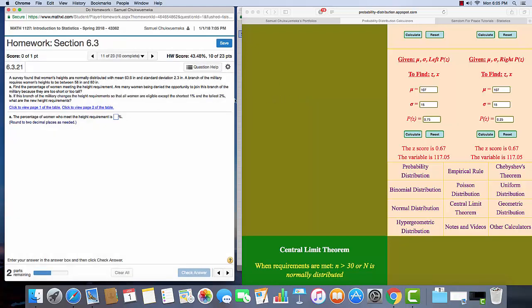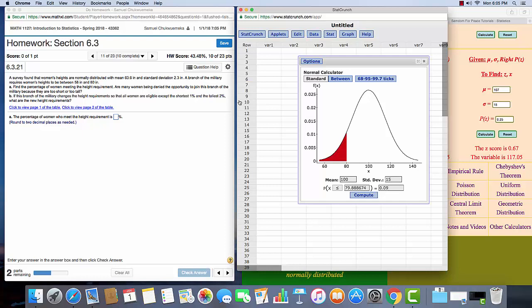All right, StatCrunch. Question 11. A survey found that women's heights are normally distributed with mean 63.6 inches and standard deviation 2.3 inches.